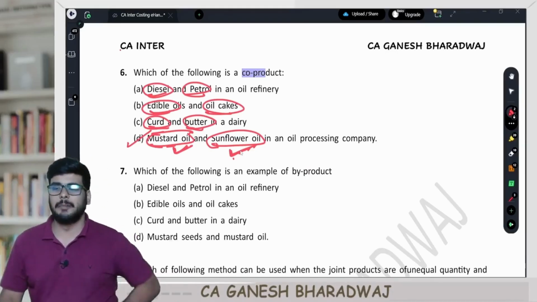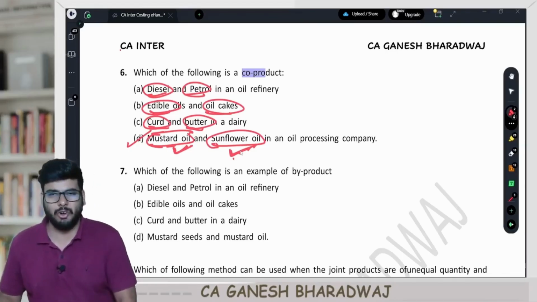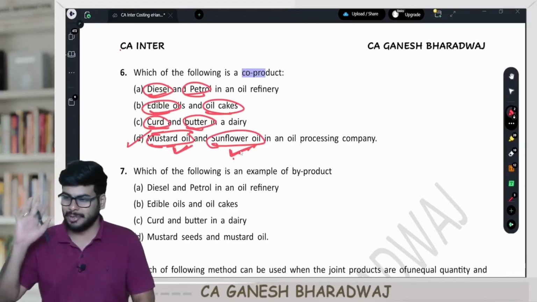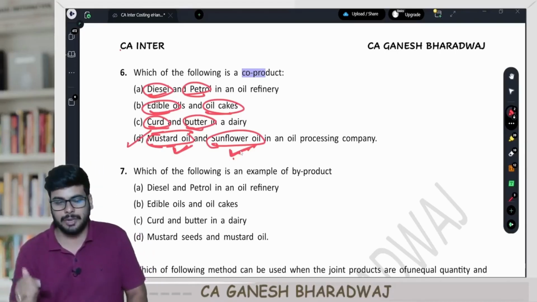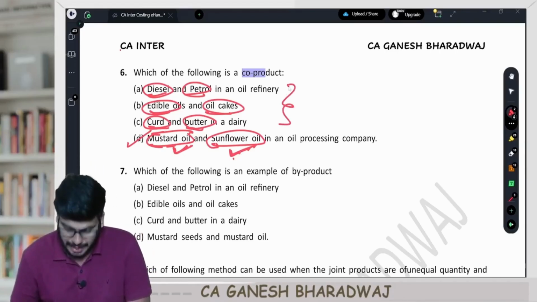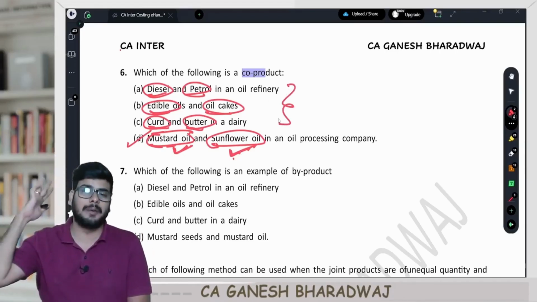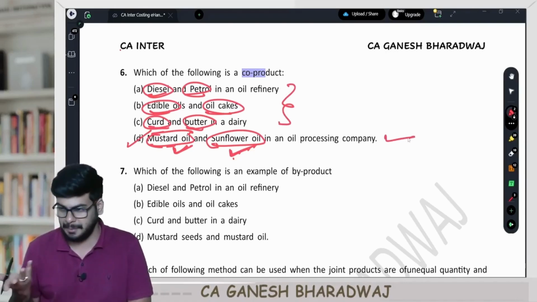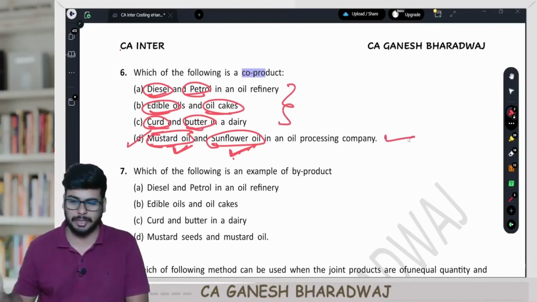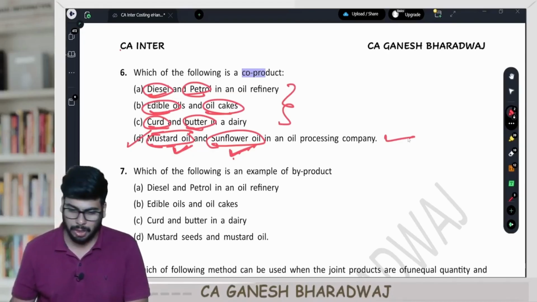But for all cost accounting treatment, co-product and joint product are the same. You treat it alike only. But strictly speaking, this is the line of difference. If you see, these three need to necessarily be coming out from a common process, whereas here it's optional. I can also do it separately, but for convenience sake, I'm doing it together. Are you all clear with this?